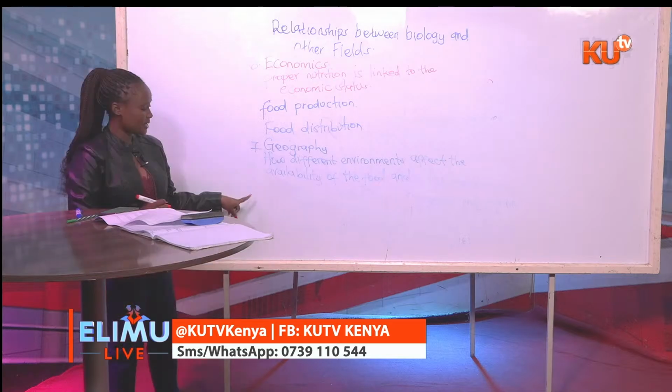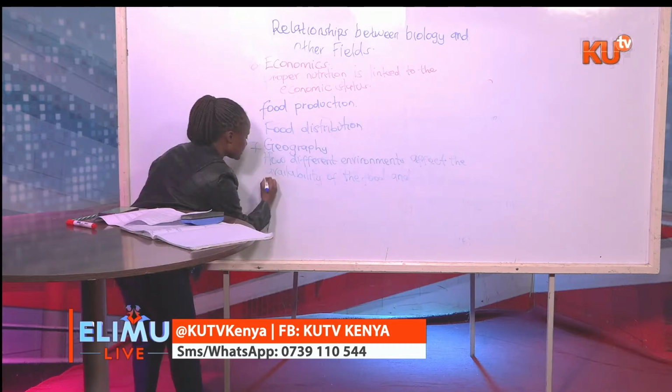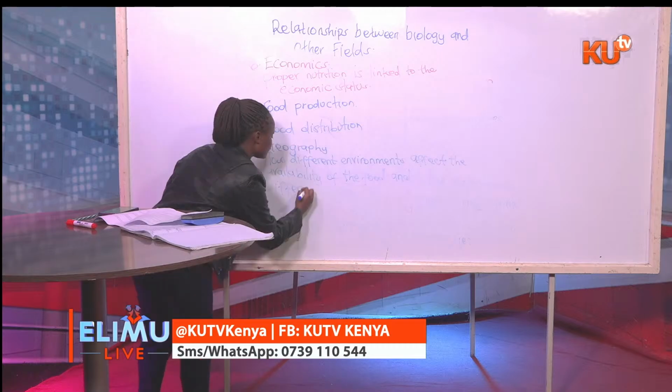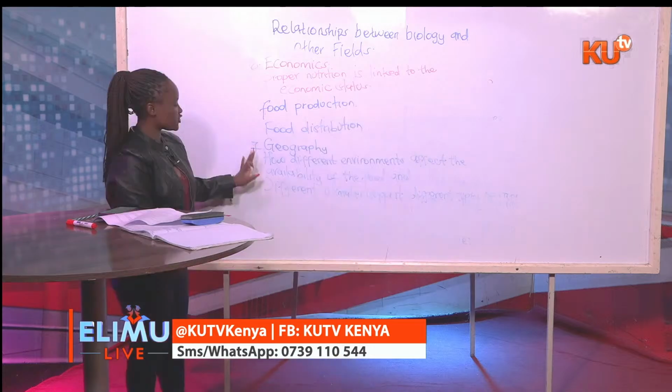Different climates support different types of crops. So, how is biology related to geography?